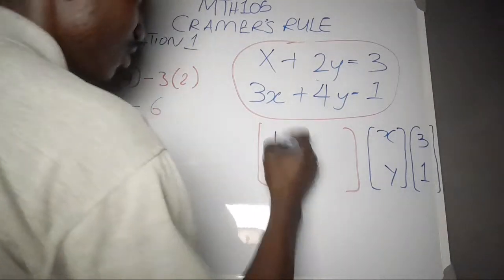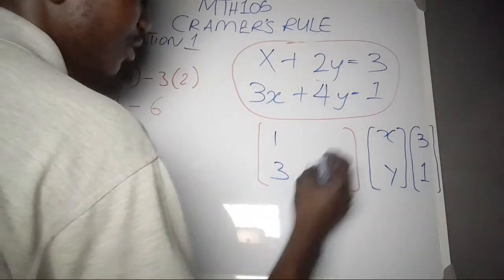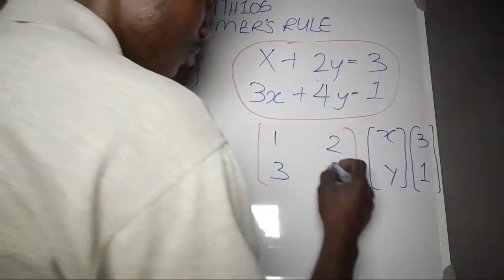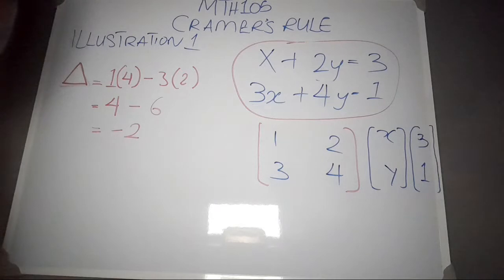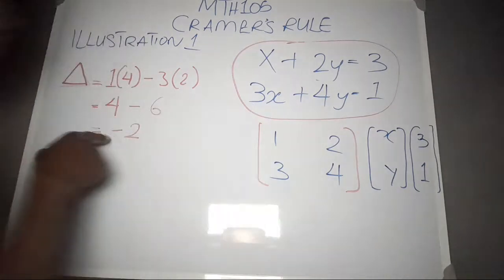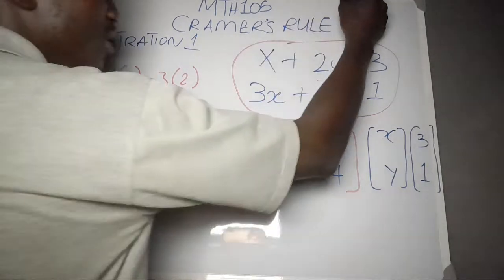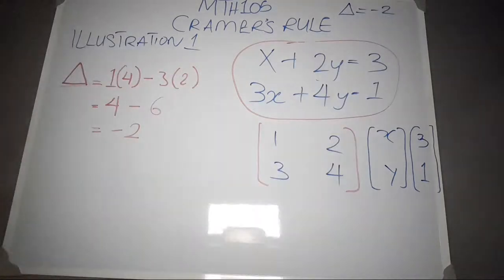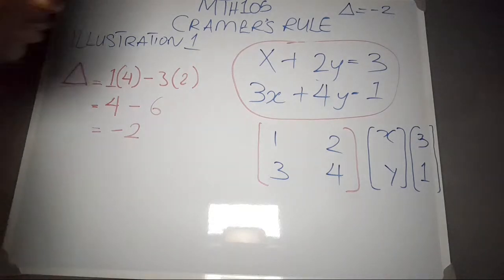So we can say 1, 3, 2, and 4. So we are going to just keep our answer somewhere here, equals to -2.